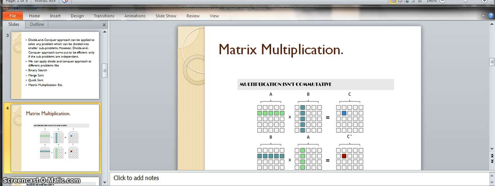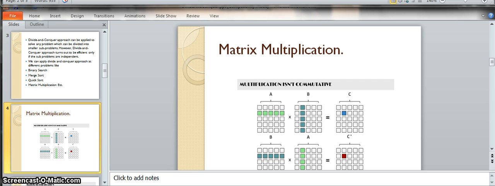In general, the algorithm for multiplying two matrices A and B is fairly simple, although it is more difficult than multiplying two numbers. Matrix multiplication is not commutative.